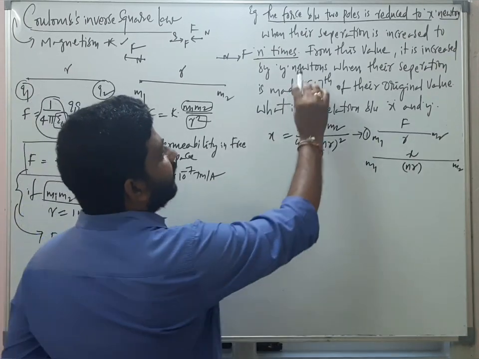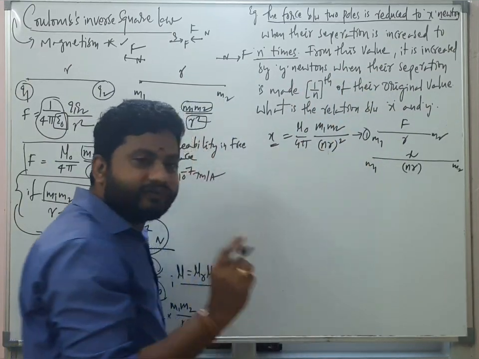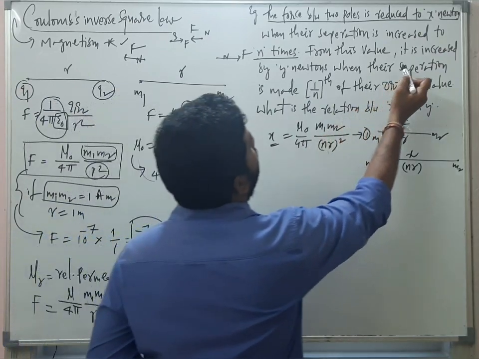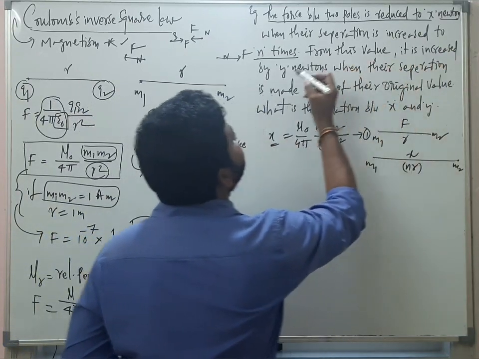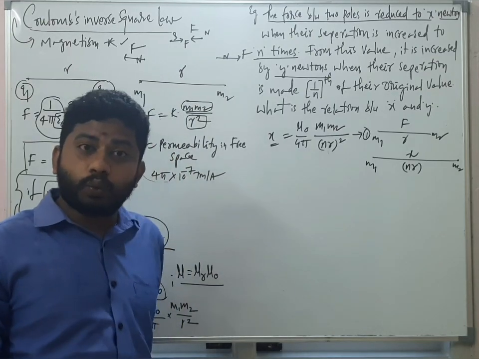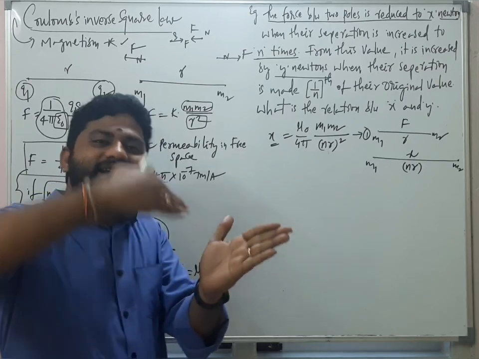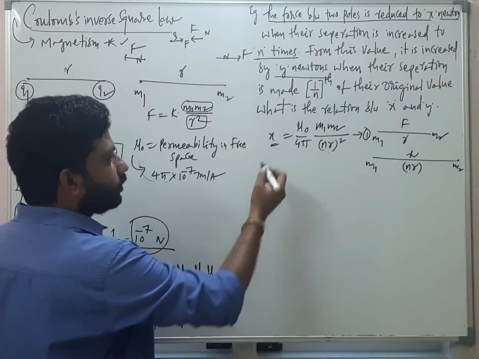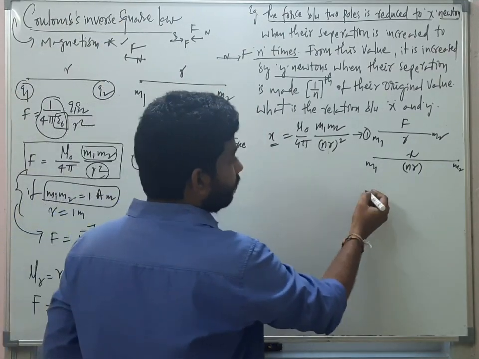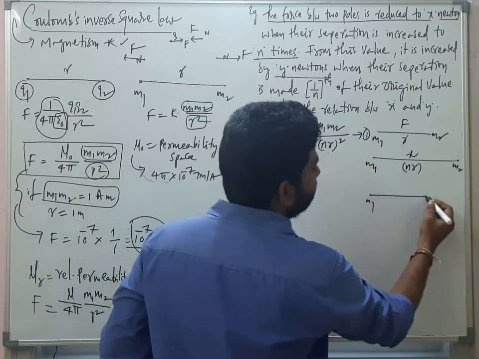Now, from this value x, it is increased by y newton. Now it is increased by means whatever is the actual value, from that it is increased by y newton. So this is m1 and this is m2.